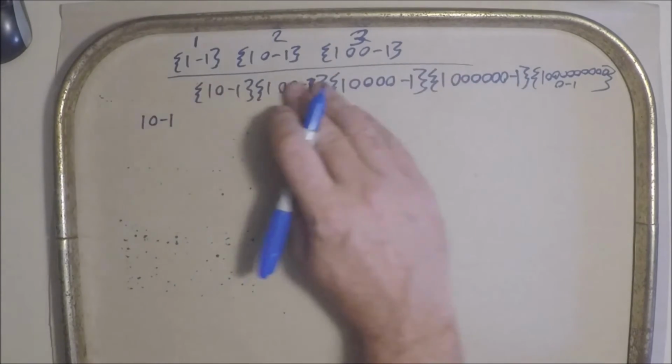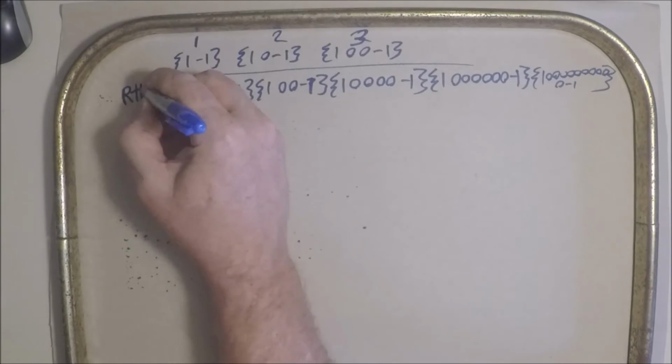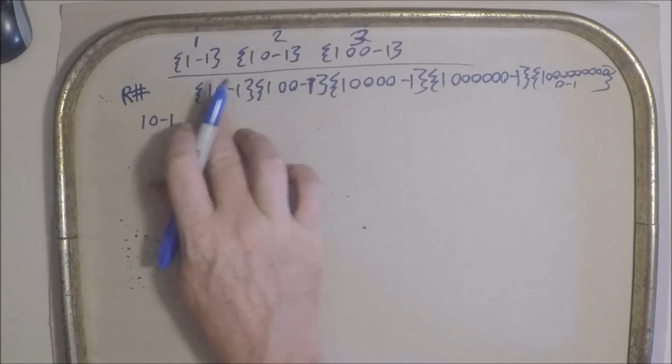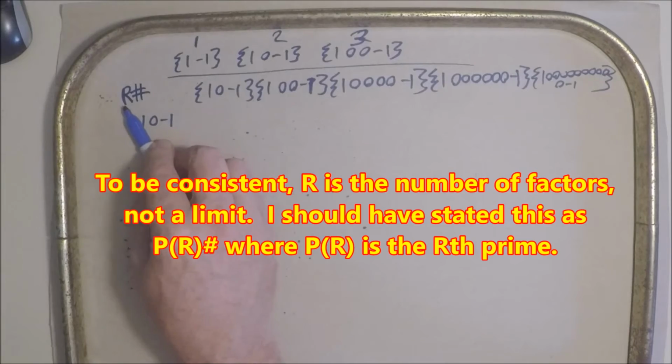So this product here is in essence our primorial, like a factorial, only we're restricting to primes for all primes less than or equal to r.